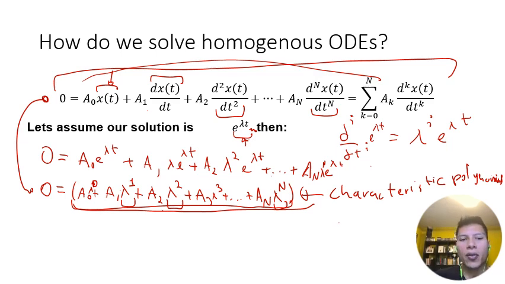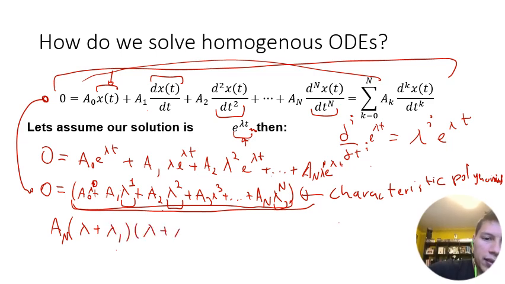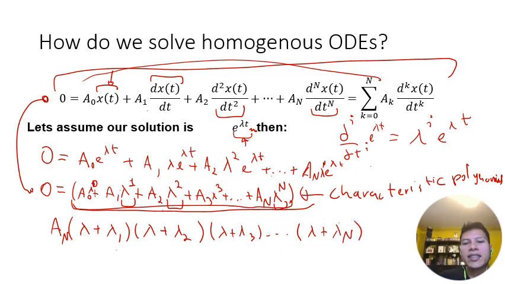Okay, so let's say we factor this polynomial, so now we're going to get an, lambda plus lambda 1, lambda plus lambda 2, lambda plus lambda 3, and so on up to lambda plus lambda n.